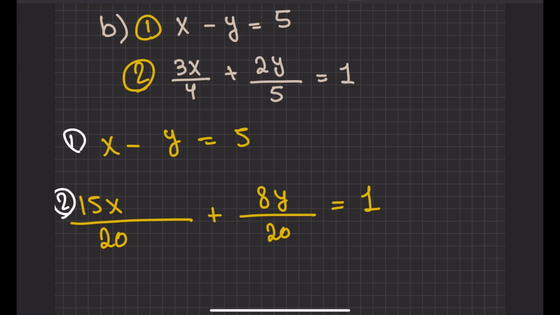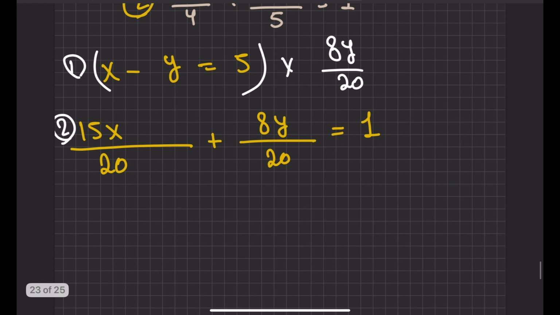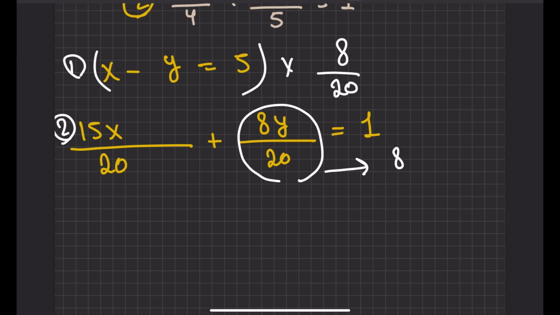I have to multiply the first equation by 8 divided by 20 in order to have my variables have a common number to cancel each other. I'm sorry, 8 divided by 20. Because this is how this one seems like it. This is 8/20 y.